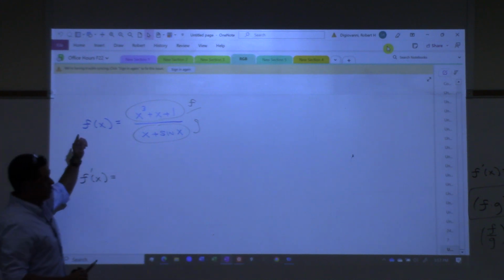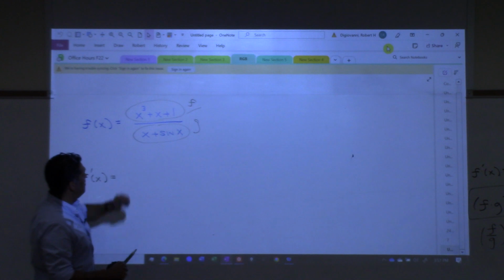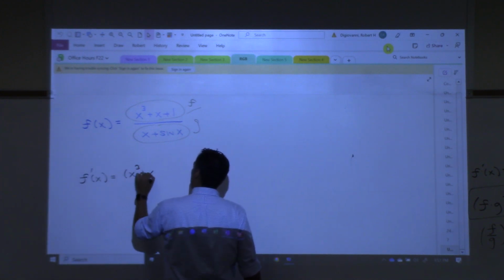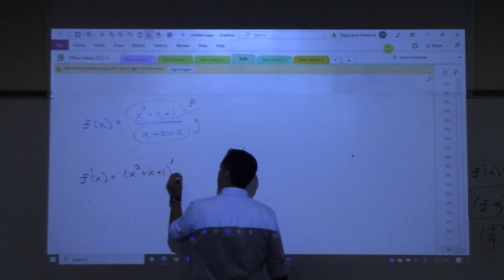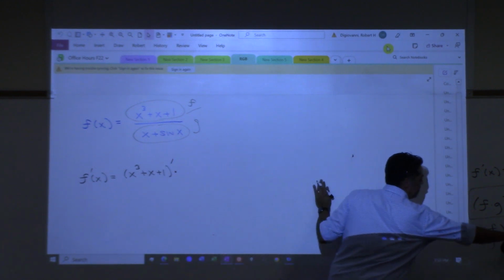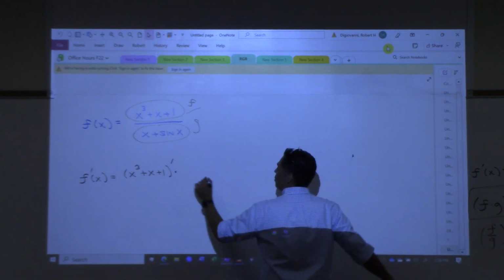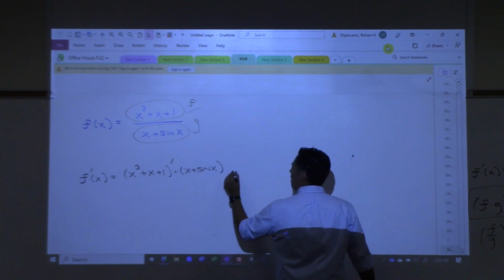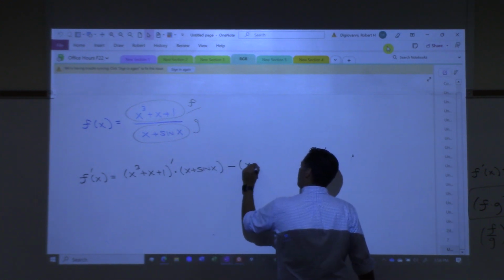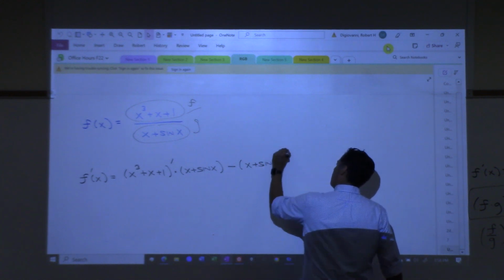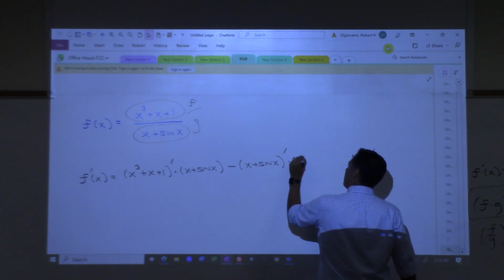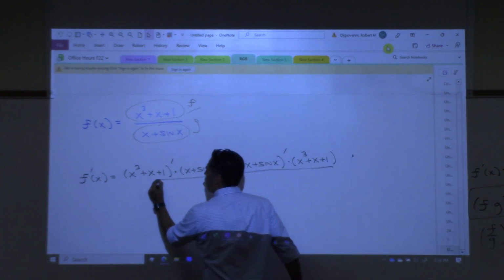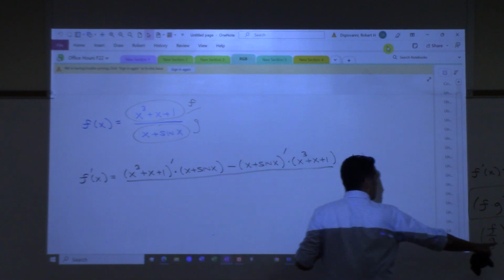So it's going to be the derivative of the top, right? What's the derivative of the top? Whatever it is, right? It's going to be the derivative of x cubed plus x plus 1, that's the derivative of the top, times the bottom, which is x plus sine x, and then minus, now I take the derivative of the bottom, and then times the top, don't take the derivative, and then all of that over the bottom g, but squared.